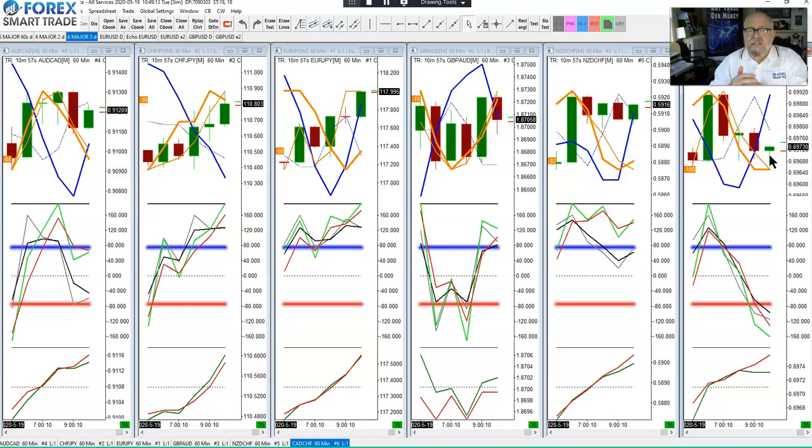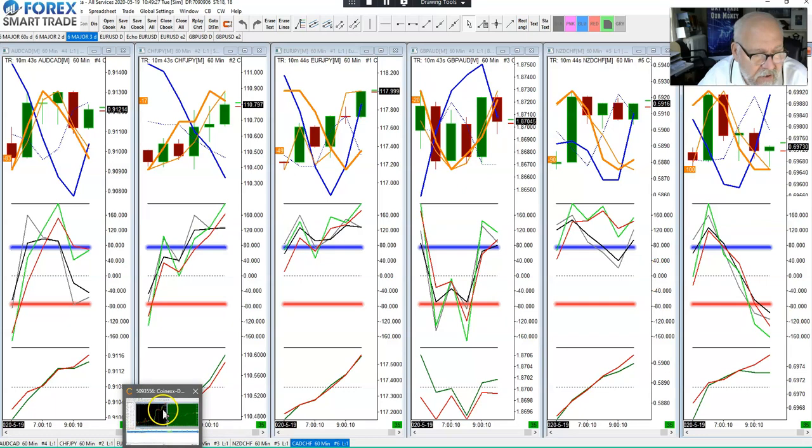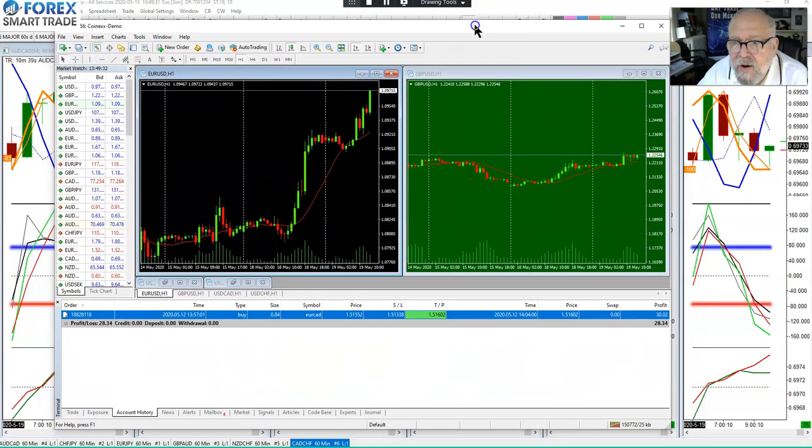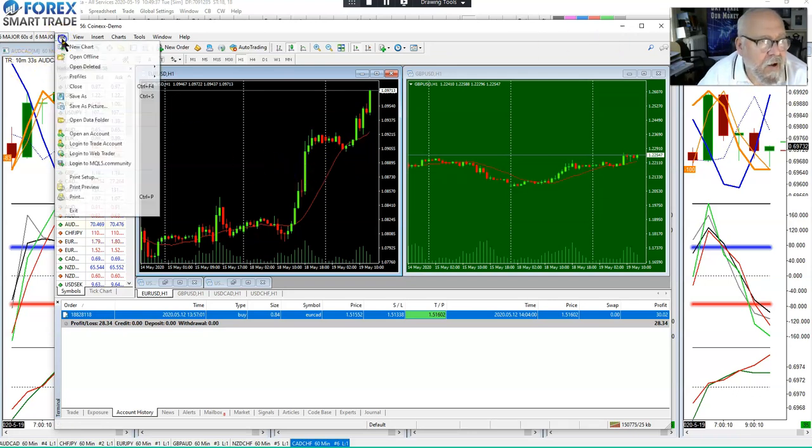We're just about 10 minutes there. So let's go ahead and start taking some of these trades. So I'm going to open up my chart. We'll go backwards. So the CAD CHF. So first I've got to open that chart up.